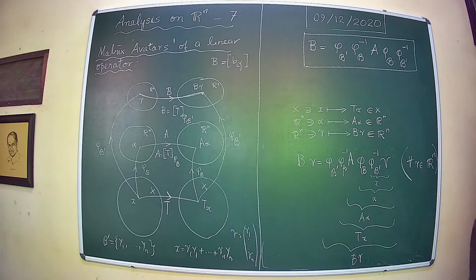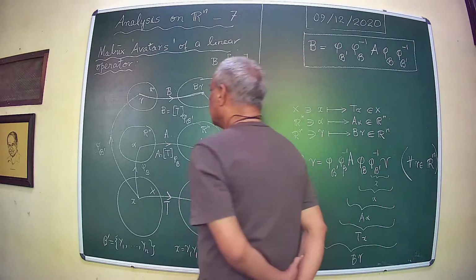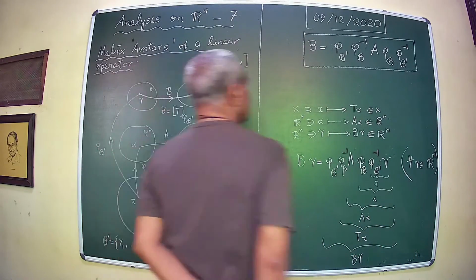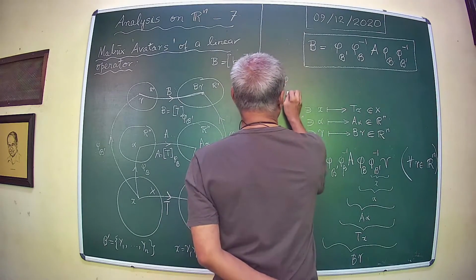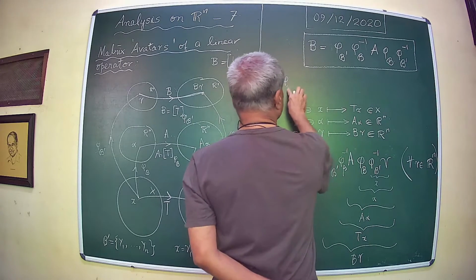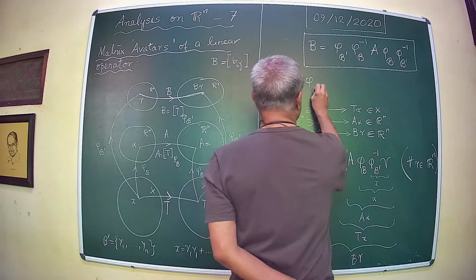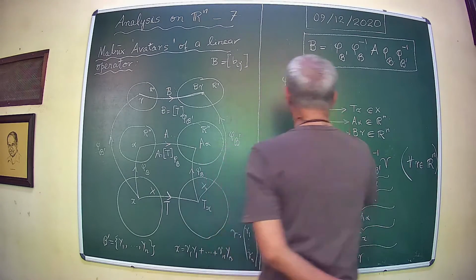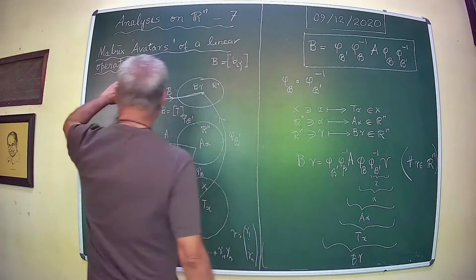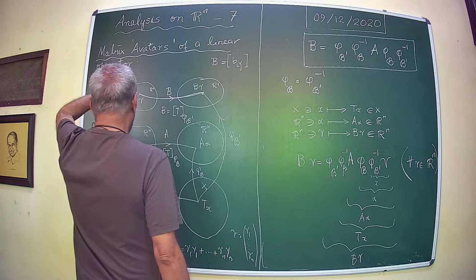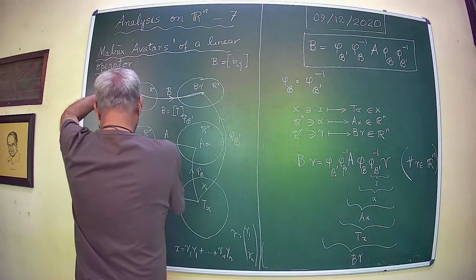Now let us explore these things. What about this one? What is phi b composition phi b prime inverse? Let us explore that. Phi b prime inverse, so you are going from Rn through x to Rn.